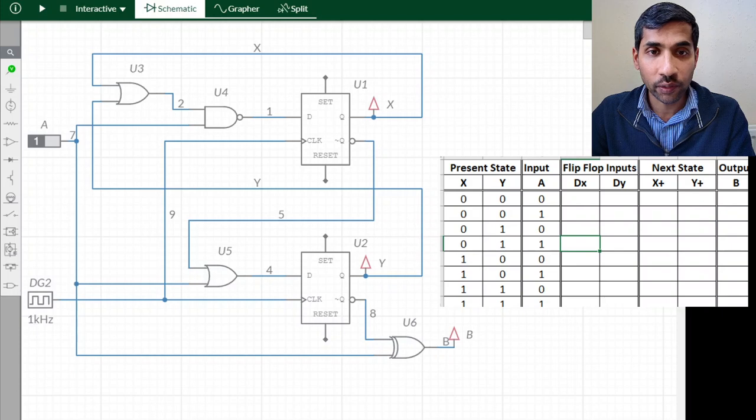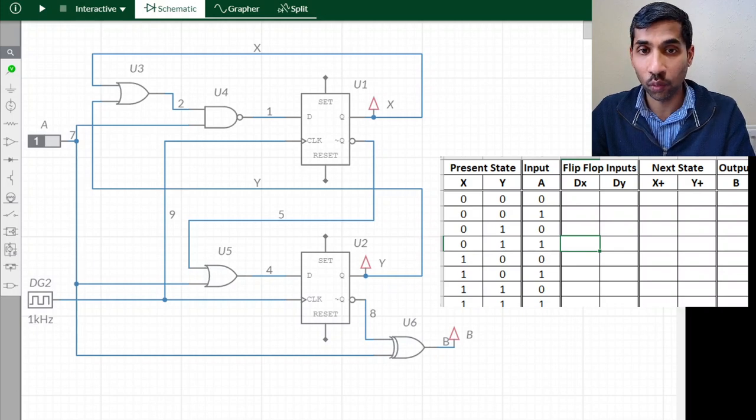So what is dx going to be? x is 0 and y is also 0, so the output of this OR gate is going to be 0, and 0 NAND a, which is also 0 at this point, right? 0, 0 and is 0, and you put a not because it's a NAND, so this becomes 1. So dx is going to be equal to 1 here.